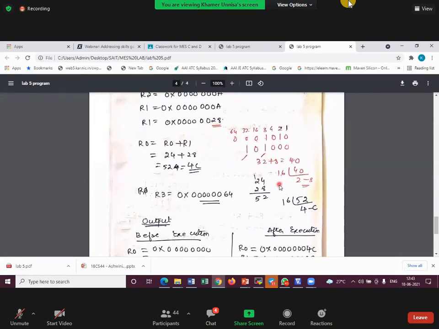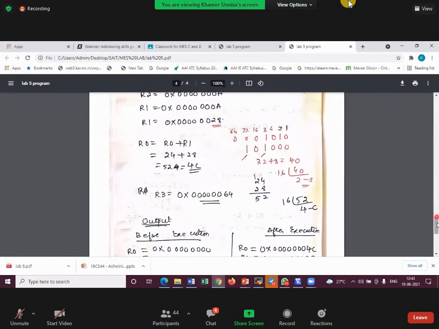How will I get to know that the answer is present in the 4C itself? So here I am performing a hexa operation. I am converting this 52 to hexa. So therefore, I got the answer to be 4C. So in this 4C address my answer of 10 square is present. So this R0 will act as a pointer, and then it will load the answer to R3.